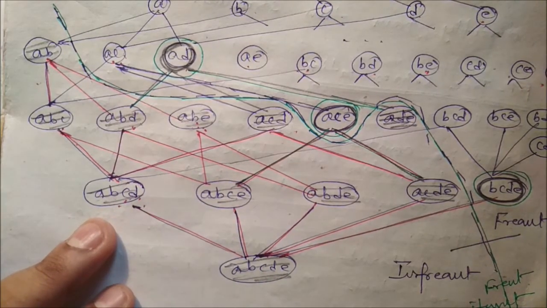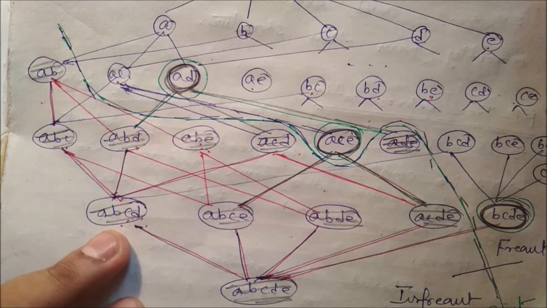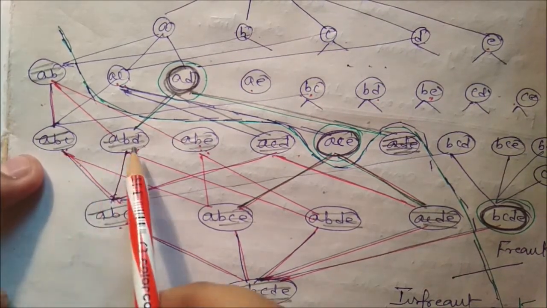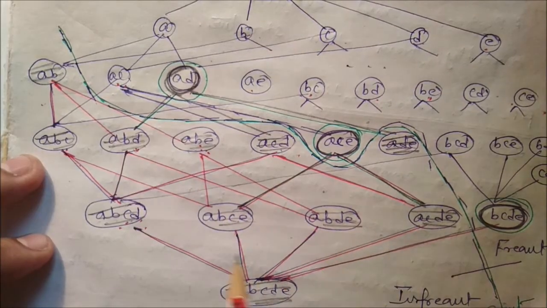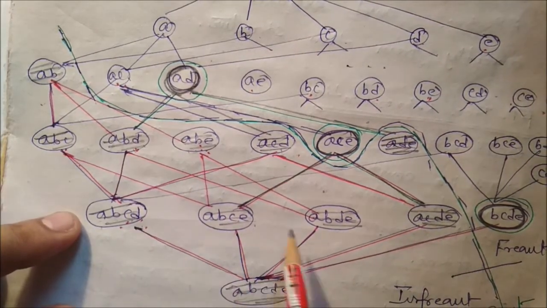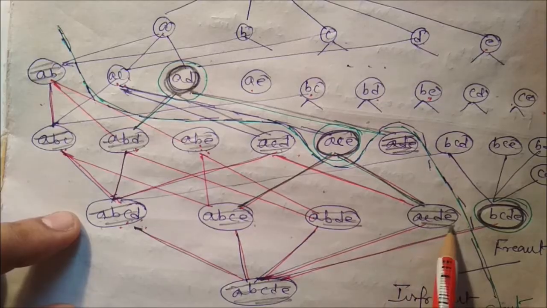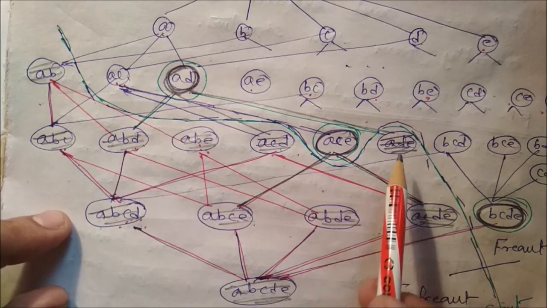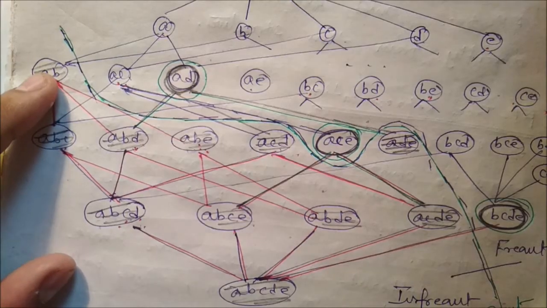Now assume these are the infrequent item sets. Let AB be infrequent, and ABC, ABD, ABE, ACD, ABCD, ABCE, ACDE, ABCDE, similarly ADE, all are infrequent. So we can get one frequent item set border.